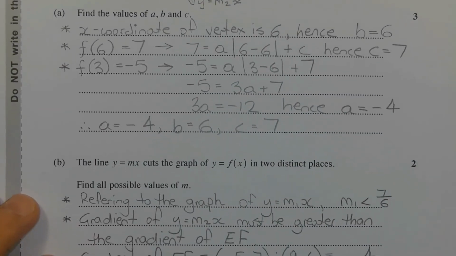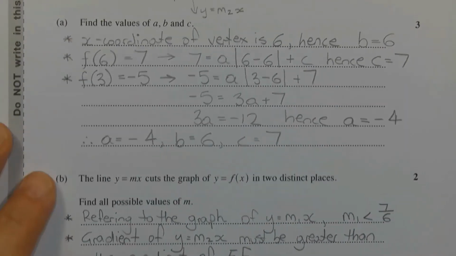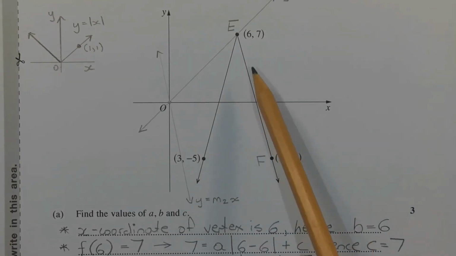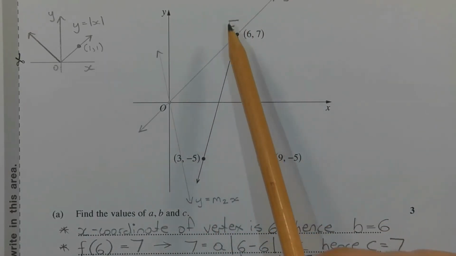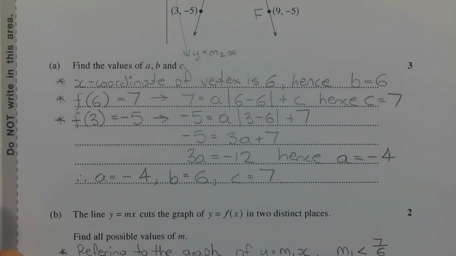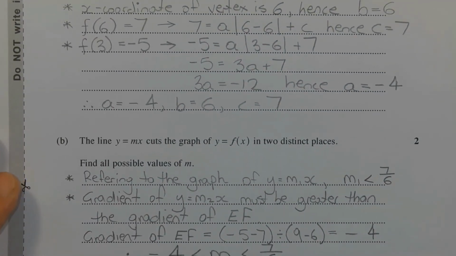Now I made the point earlier that the gradient of y equals m2x must be greater than the gradient of EF. So this is EF here, and the gradient of this line, which at the moment is parallel to EF, must be greater than the gradient of EF. And we can work that out using the gradient formula, y2 minus y1 divided by x2 minus x1.